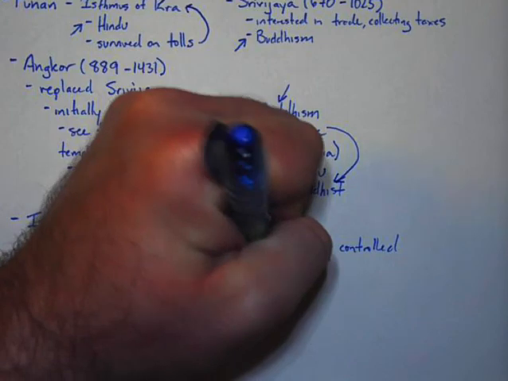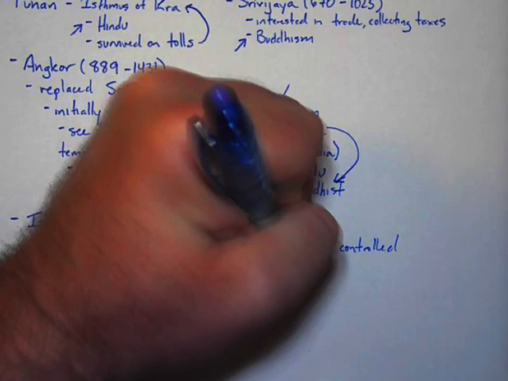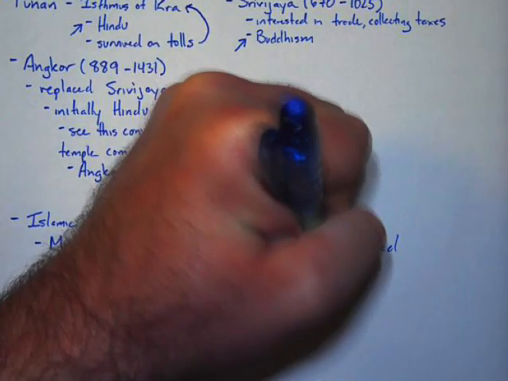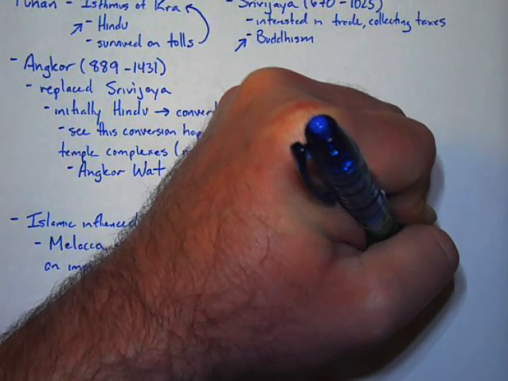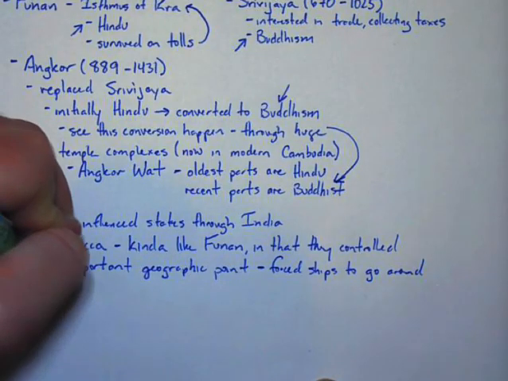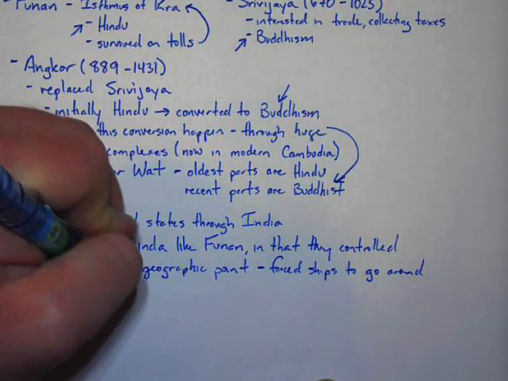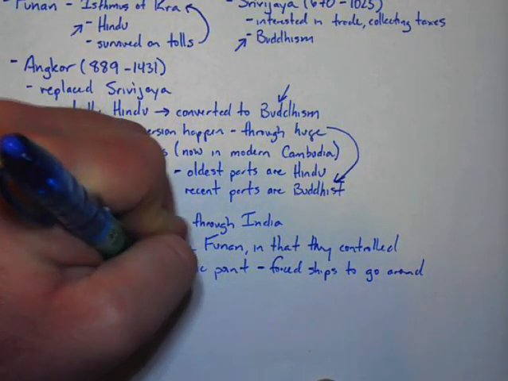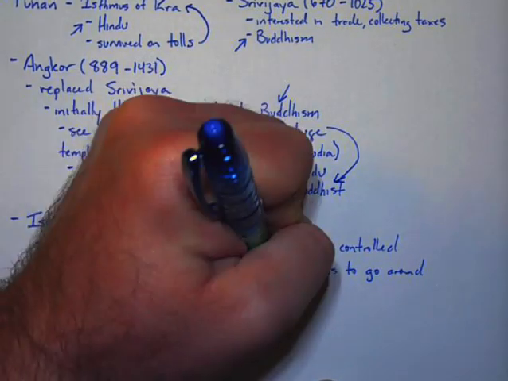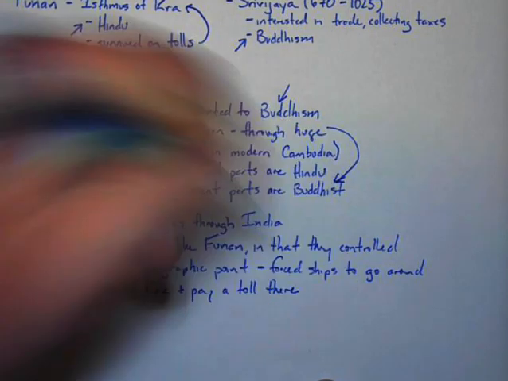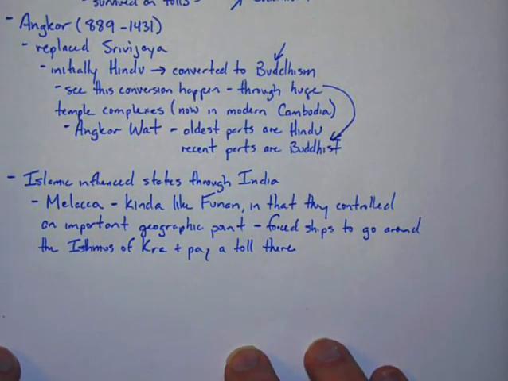So they forced ships to go around the Isthmus of Kra and pay a toll there. So they're basically forcing you to take the dangerous path and making you pay to do it.